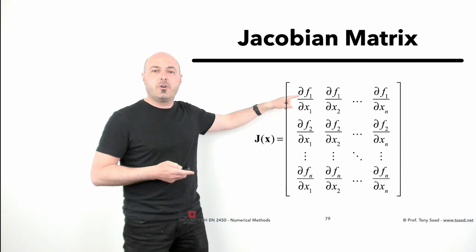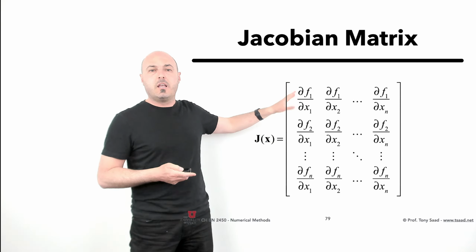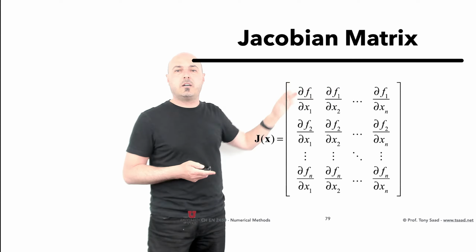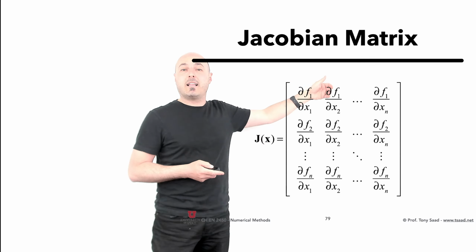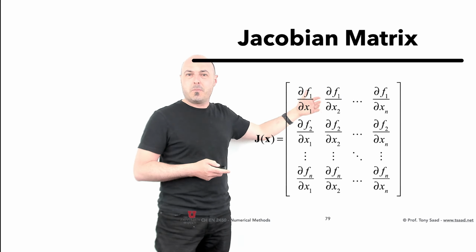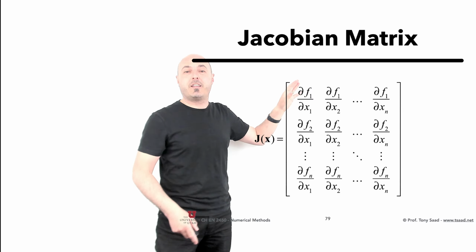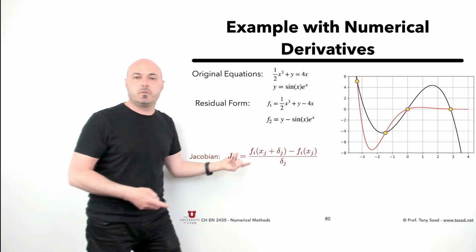So let me switch back here. For this derivative, you essentially fix all the other variables, x2, x3, x4, etc., and you simply take the finite difference, f1 at x1 plus delta x, minus f1 at x1, with all the other variables fixed, over a specific spacing of your choosing, okay?